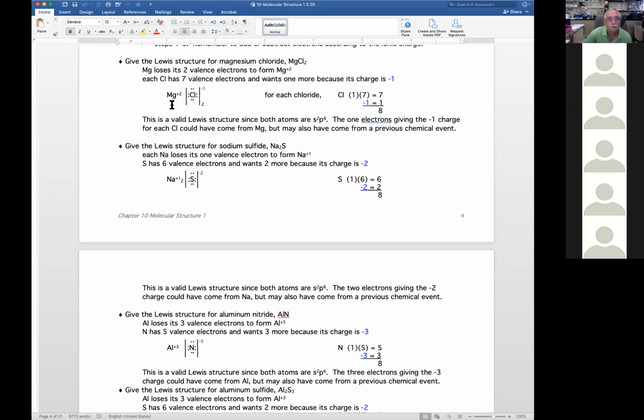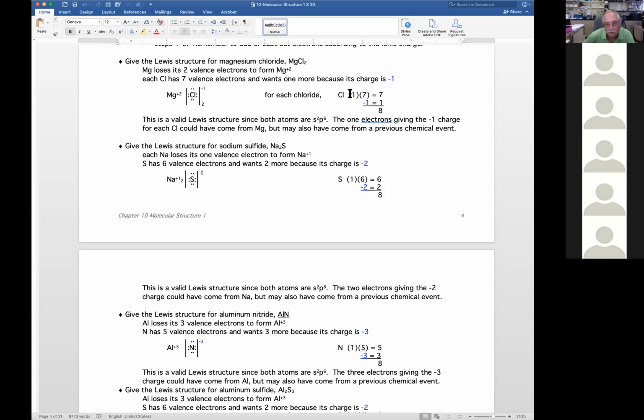So what about magnesium? Magnesium loses its 2 valence electrons and gets a +2 charge. Chlorine gains an electron to get a -1 charge. So you can see we've already compensated for the charge. This is a neutral molecule. How do we count up the electrons that go on the anion?